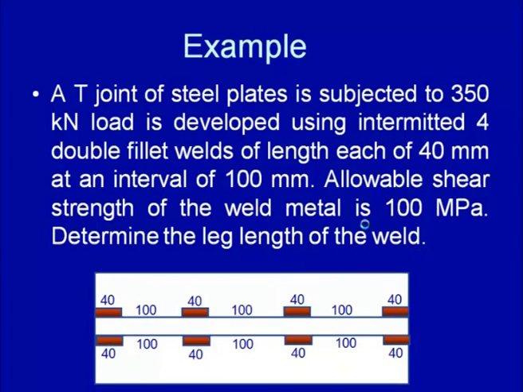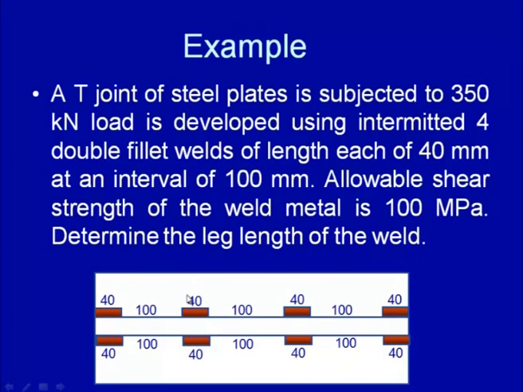In this example, we have to develop a weld T joint of steel plate which is subjected to a load of 350 Newton, developed using 4 intermittent double fillet welds of length of each 40 mm at an interval of 100 mm, and the allowable shear strength of the weld metal is 100 MPa. Then determine the length of the weld.